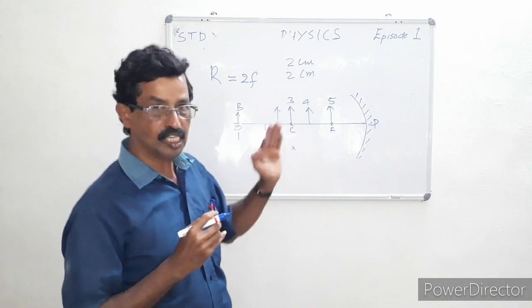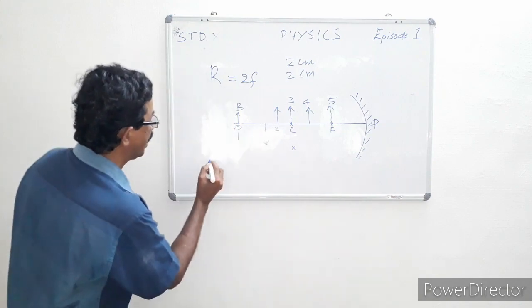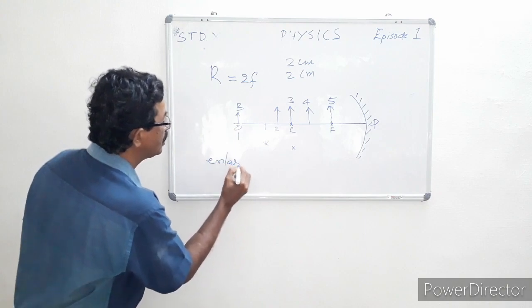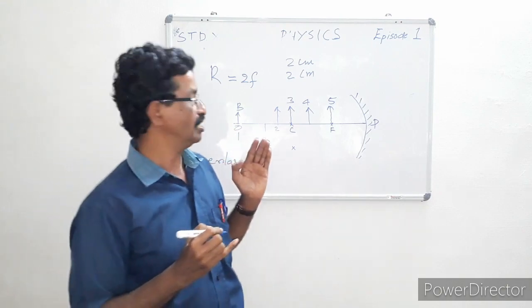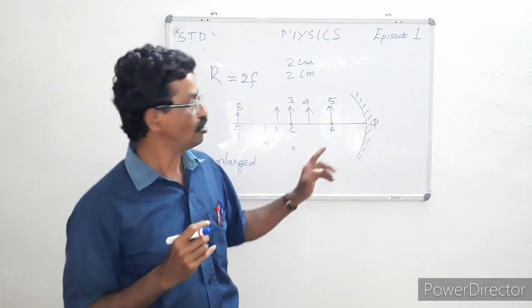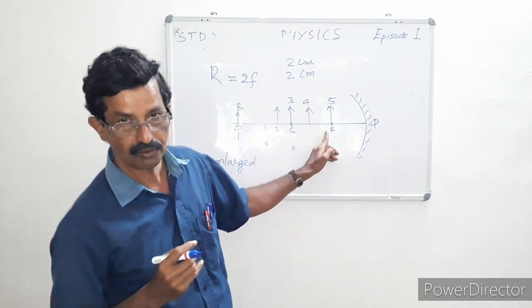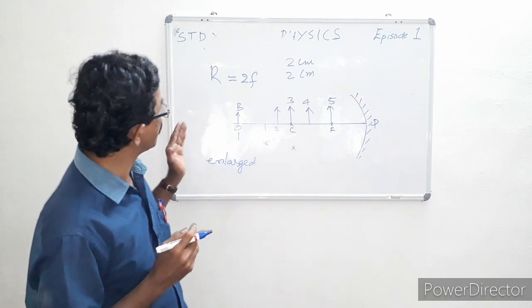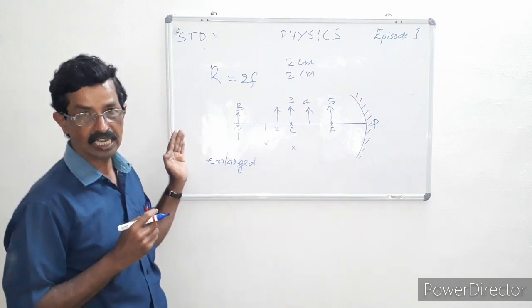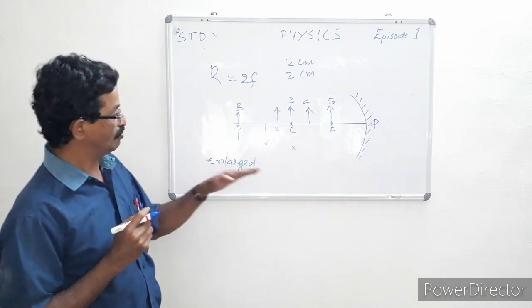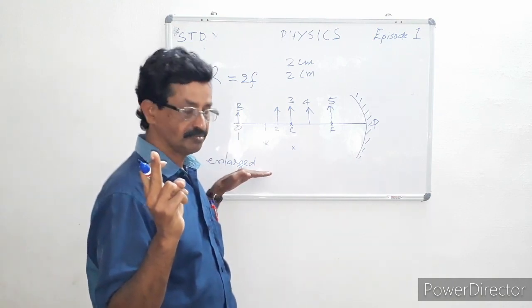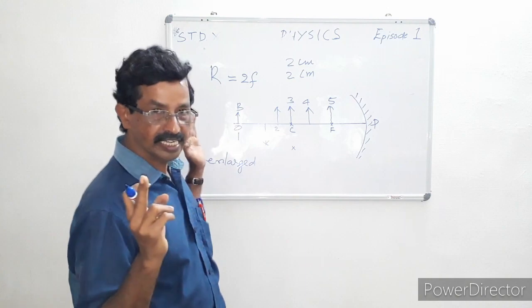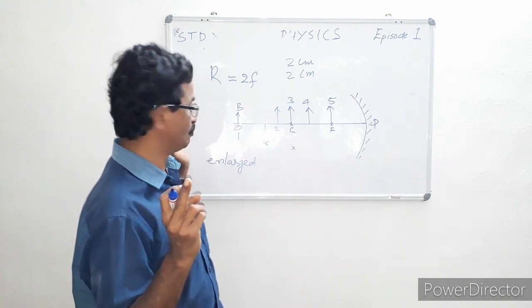And the nature of the image is, it is enlarged, real, inverted. Where is the object now? Object is at F. Where do we get the image? Image is at a large distance or at infinity. What is the nature? It is real, inverted. So we can get it on the screen also.